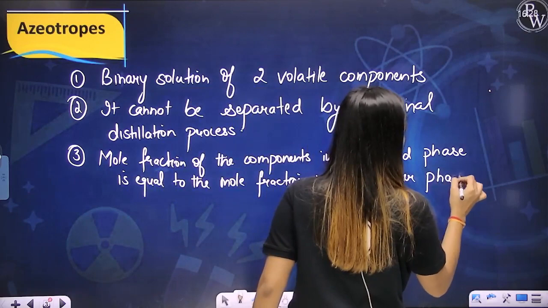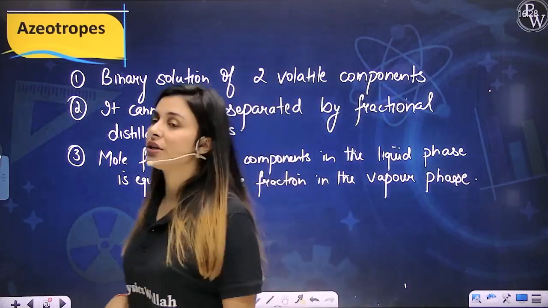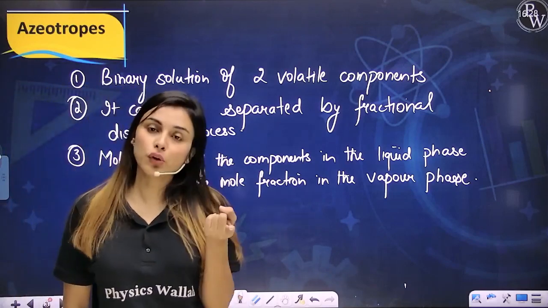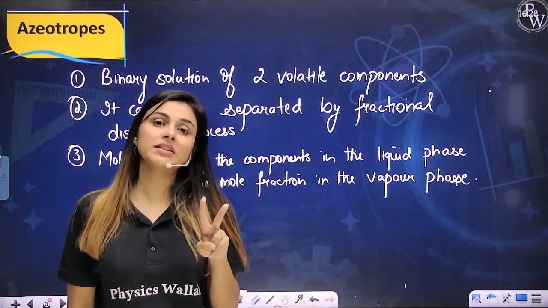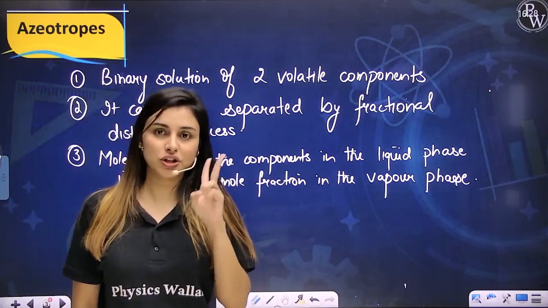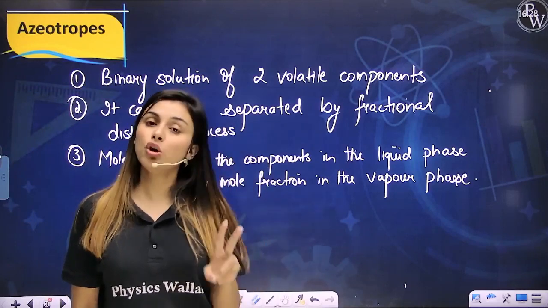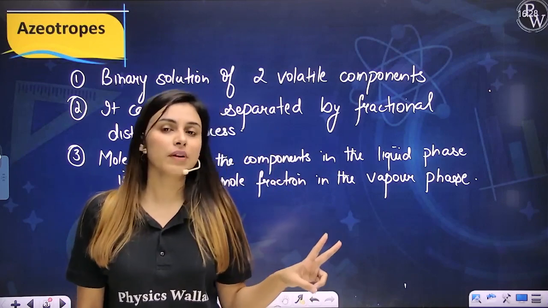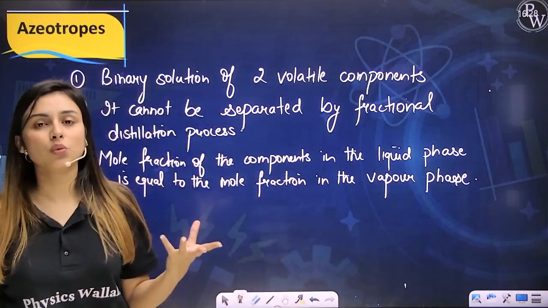Okay, so all these three combined actually define an azeotrope, a binary solution of two volatile components which cannot be separated by the fractional distillation process, and the mole fraction in the liquid phase is actually equal to the mole fraction in the vapor phase. These are what are known as azeotropes.